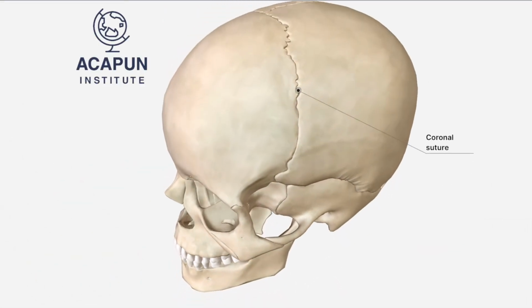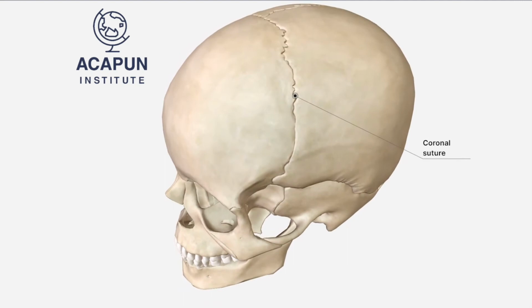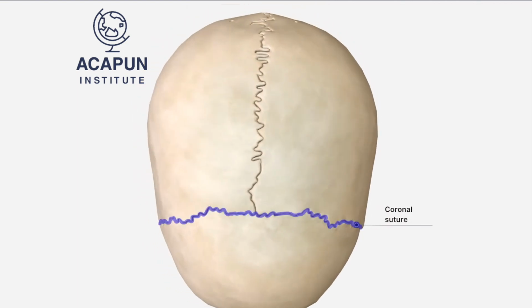Looking at the posterior aspect of the frontal bone, you can see that it articulates with the parietal bone at a suture known as the coronal suture because it runs in the coronal plane.